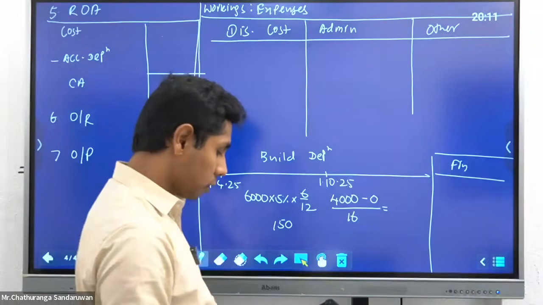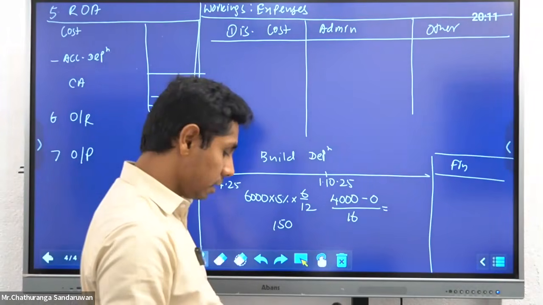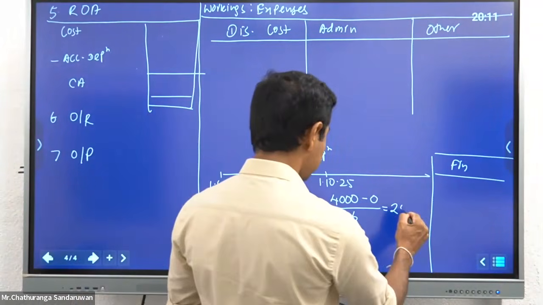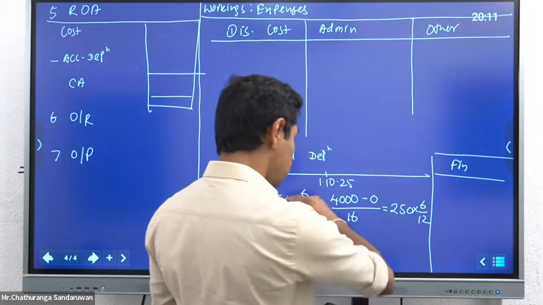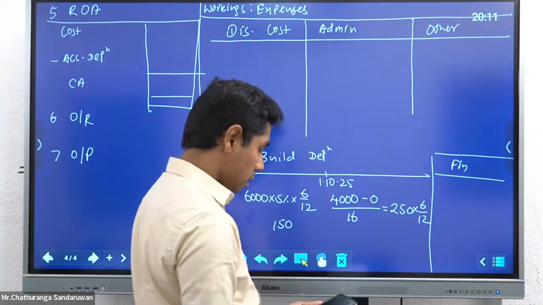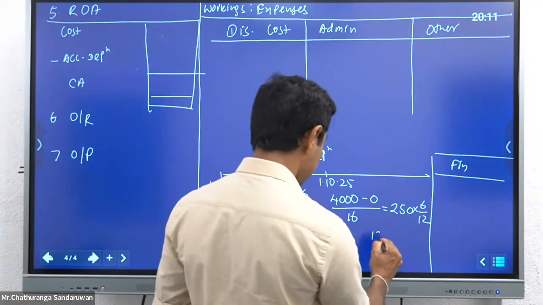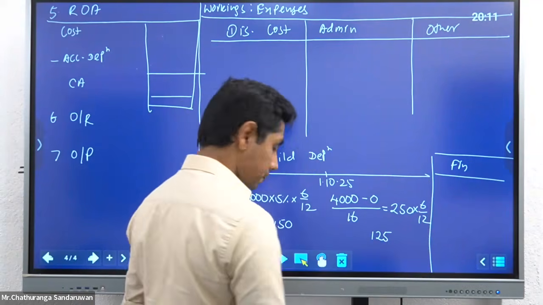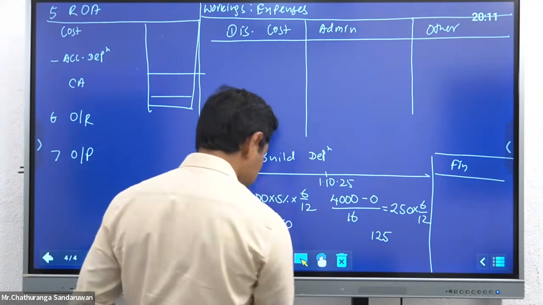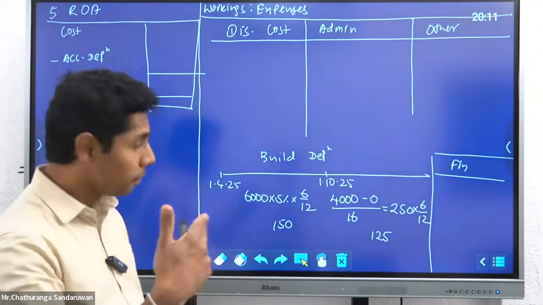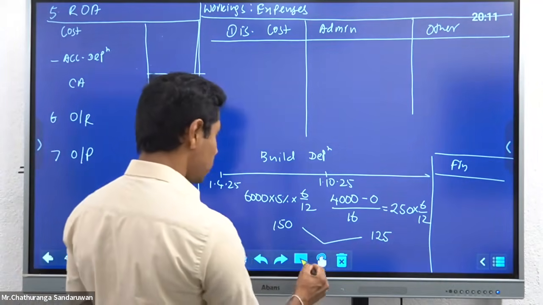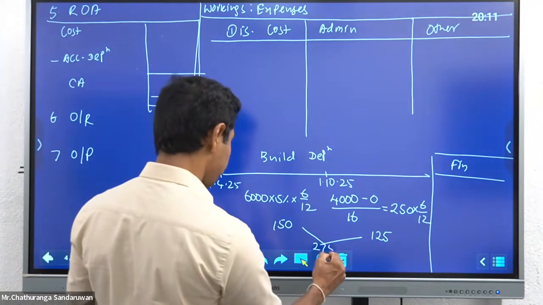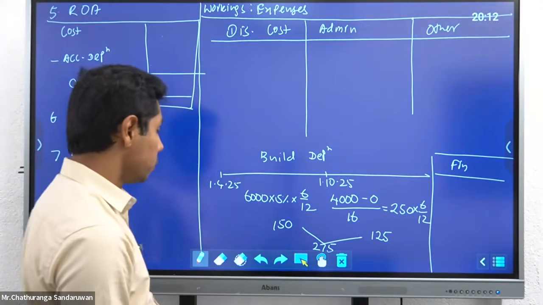So 4,000 divided by 16 is 250. But you have to take half of that, right? Because we depreciate for the remaining half. So half of that is 125. So total depreciation for the period is 150 plus 125, it's 275.